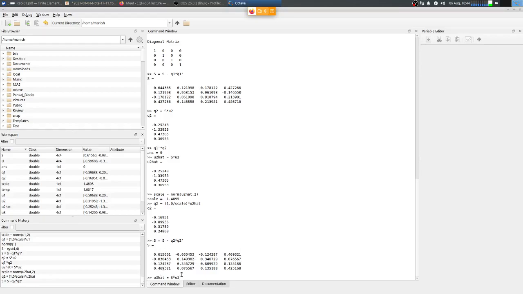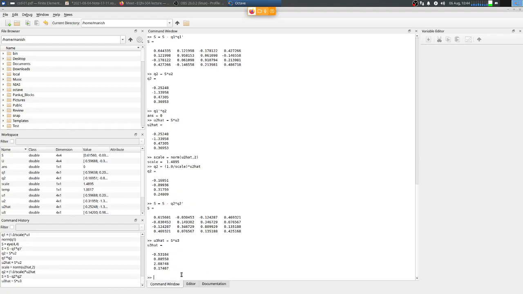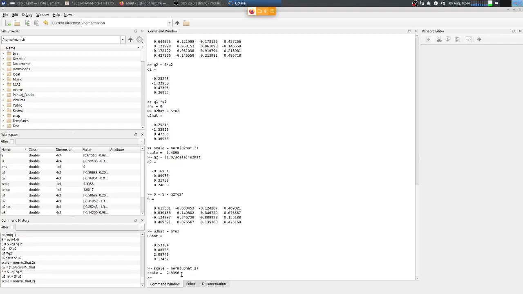And U3 hat will be computed as this, and I can again define scale as the norm of U3 hat, second norm, and scale it. So define Q3 as 1.0 over scale multiplied by U3.